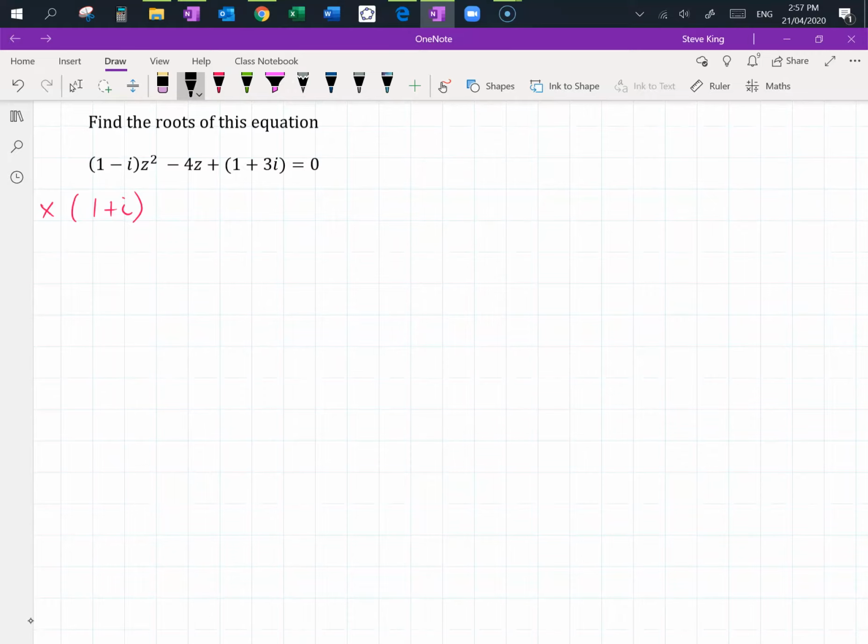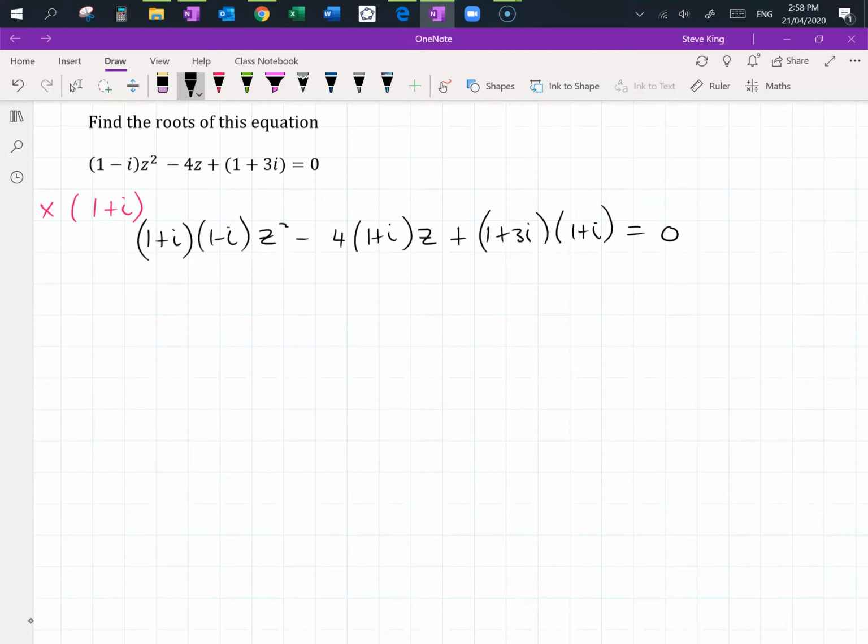So in other words, I'm going to have 1 plus i times 1 minus i z squared minus 4 times 1 plus i z plus 1 plus 3i times 1 plus i equals 0. Now, don't despair, it looks worse than it actually is.